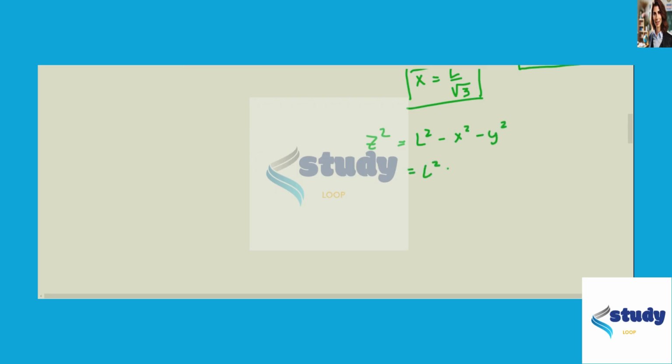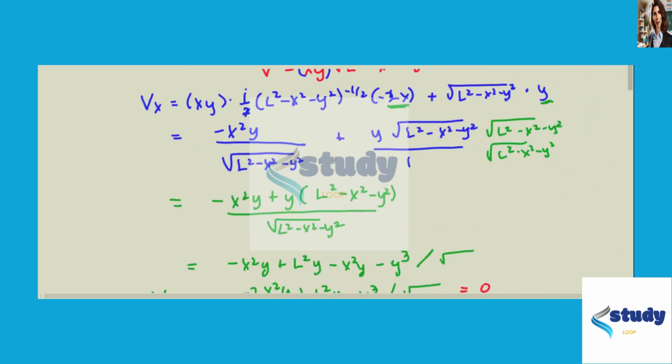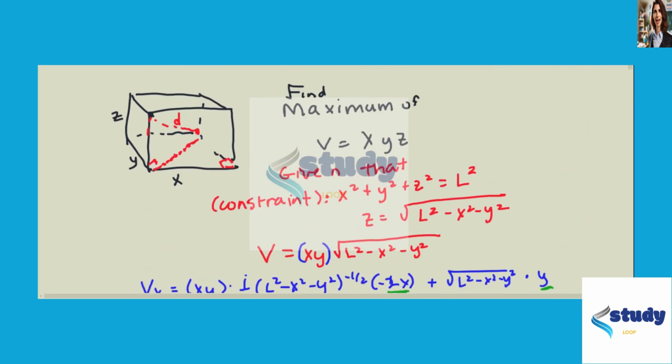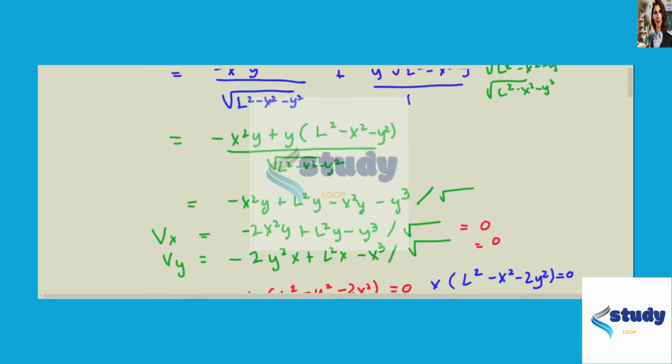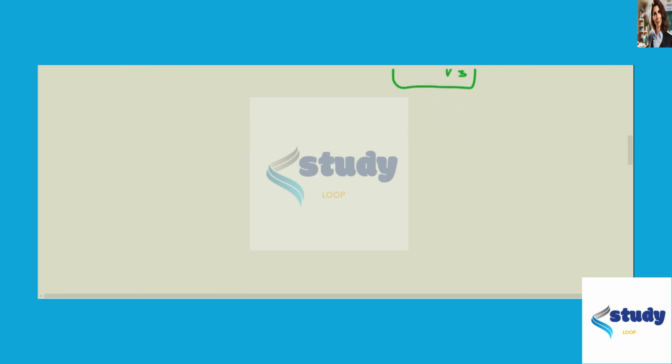So L squared minus L squared over 3 minus L squared over 3, so L squared over 3. So there are the dimensions of the box that has the greatest volume, whose diagonal is equal to L. It comes out to be a square cube box, which should be no surprise because they're usually the maximum, unless you're missing a top or something like that.